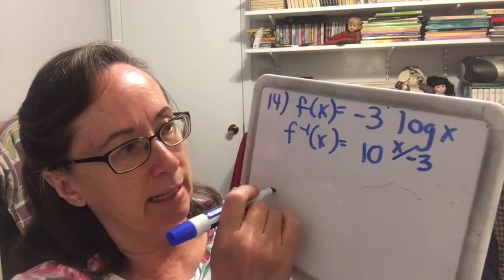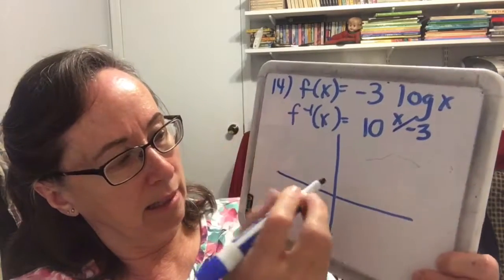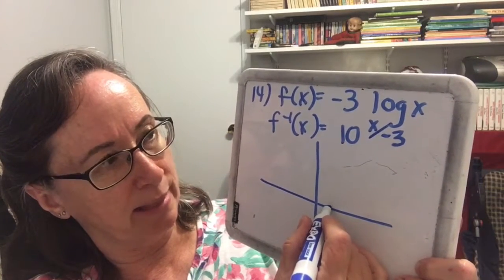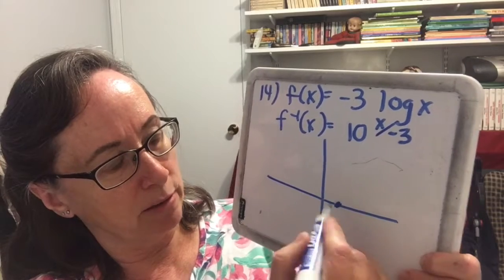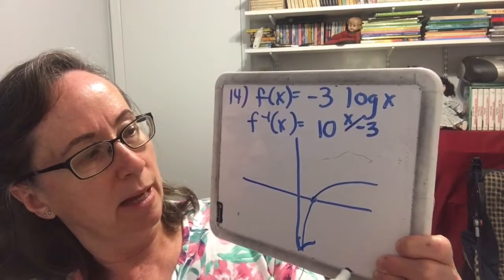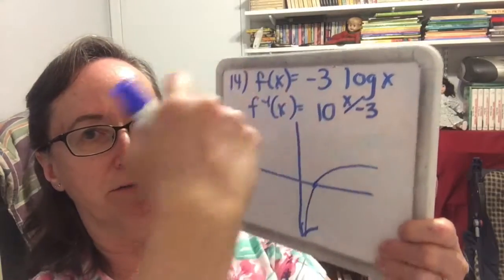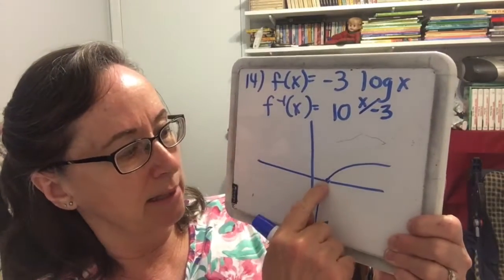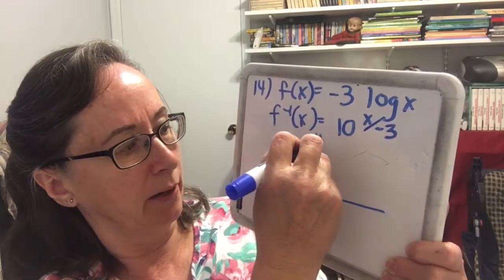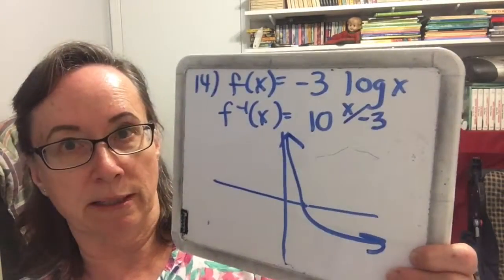The negative 3 is going to reflect it down. If we were thinking about just the log, it would be going this way, that's our normal logarithm. But now, since it's got a negative in the front, isn't it going to flip this way? And this little point here should be going up here, and this should be going down like this. So it should be looking something like that.